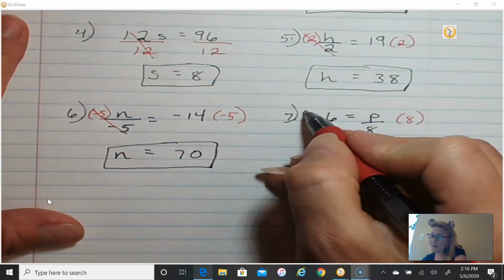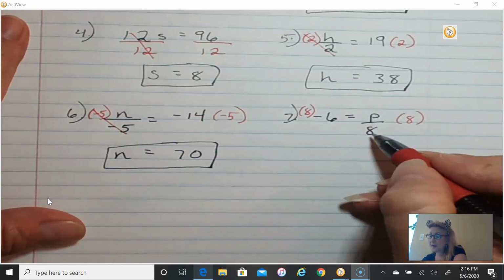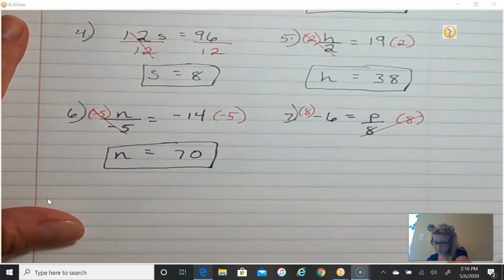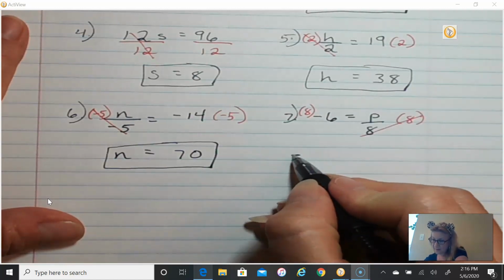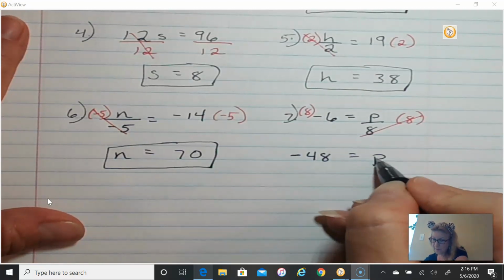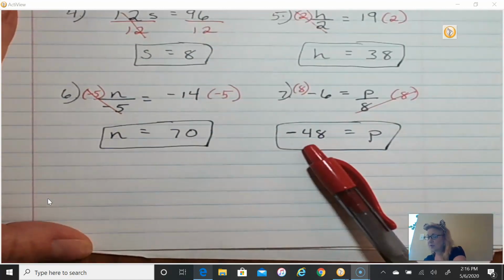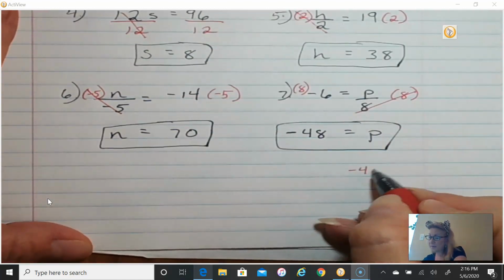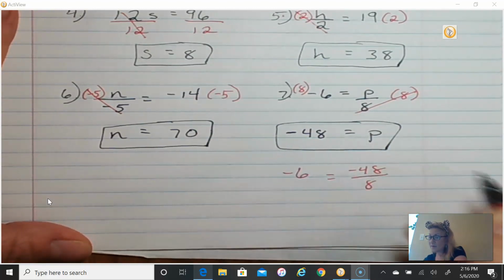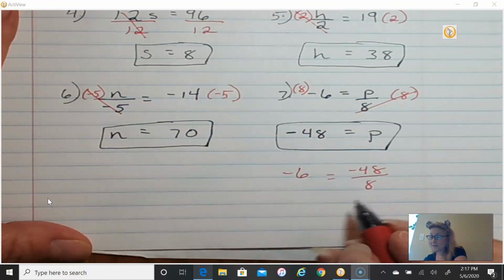So we're going to multiply both sides by 8. Those 8s cancel out. Positive times a negative, what would that be? That's a negative. And 8 times 6 is 48. Equals P. If you were to go back and check, put that -48 over that 8. -48 divided by 8 is, in fact, -6.